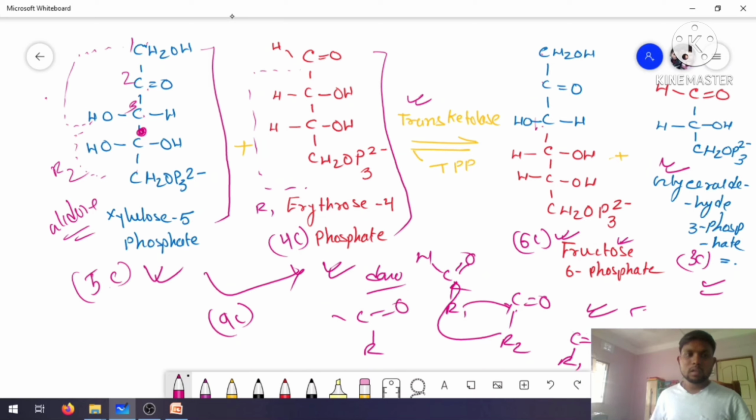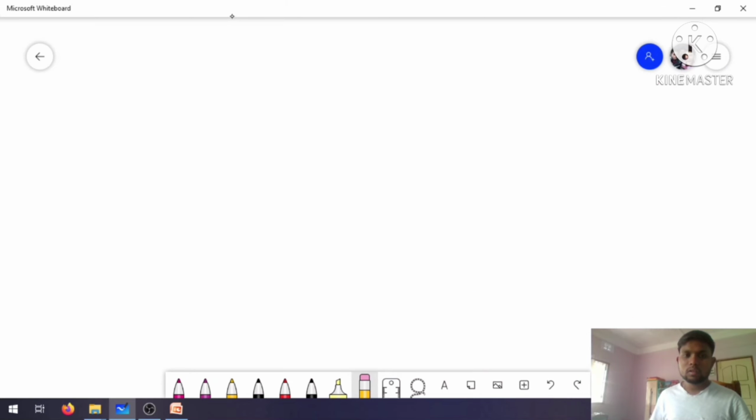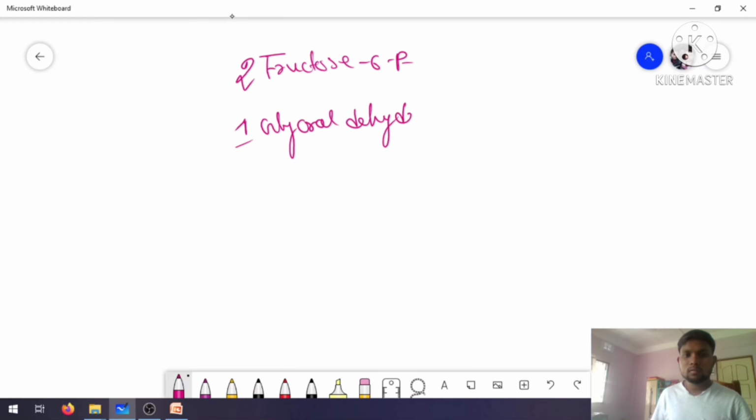So you can see now we got 2 molecules of fructose 6-phosphate and 1 molecule of glyceraldehyde 3-phosphate. Now we didn't get glucose 6-phosphate yet, right?